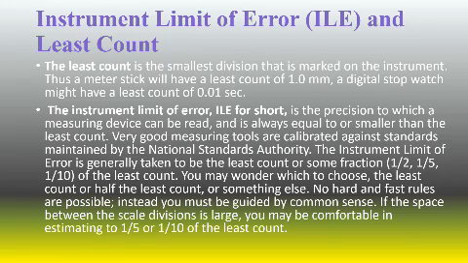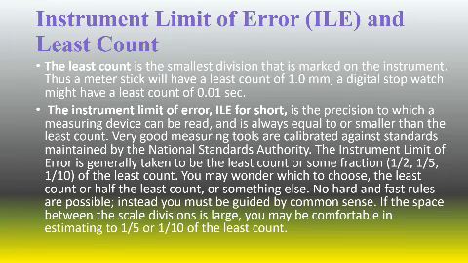For some devices, the instrument limit of error, simply ILE, is given as a tolerance or a percentage. Resistors may be specified as having a tolerance of 5%, meaning that the ILE is 5% of the resistor's value.